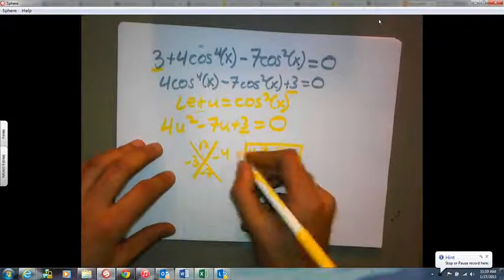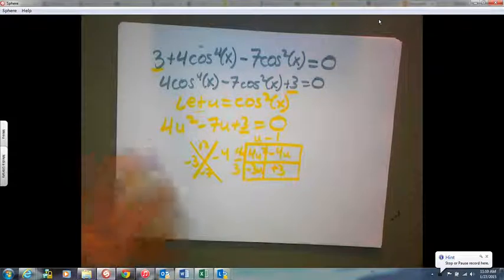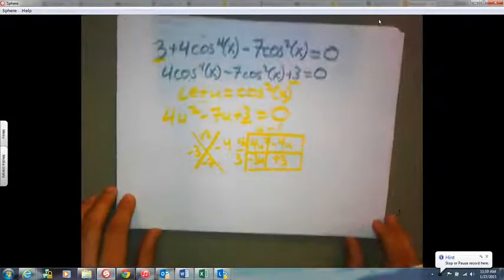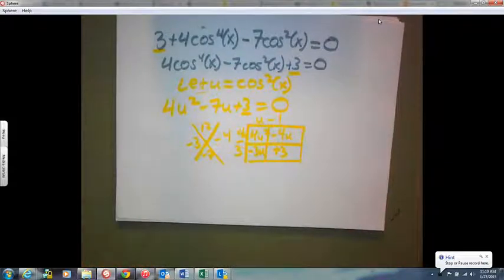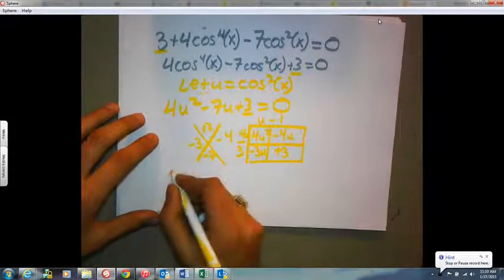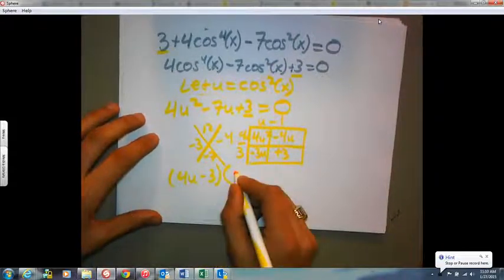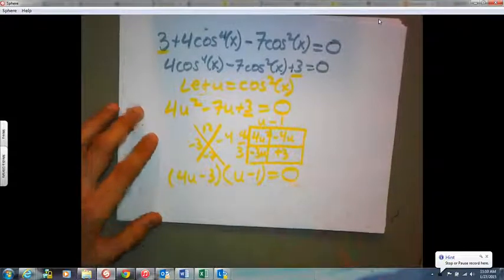So what do we have here? 4u, u, minus 1, minus 3. I'm doing the algebra quickly because I assume that the box is a comfortable thing. If the box is not comfortable, you can ask. So we've got 4u minus 3 times u minus 1 equals 0.